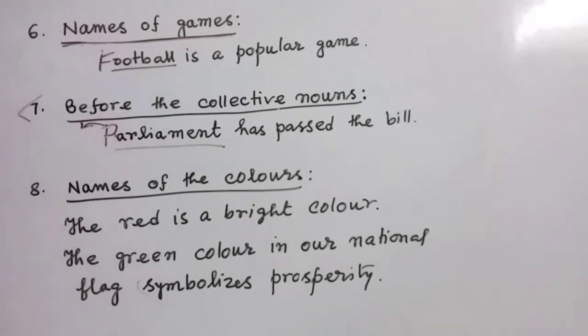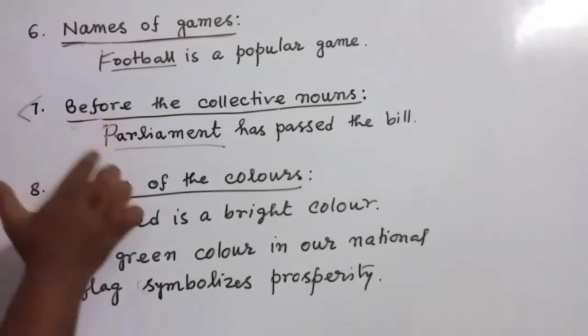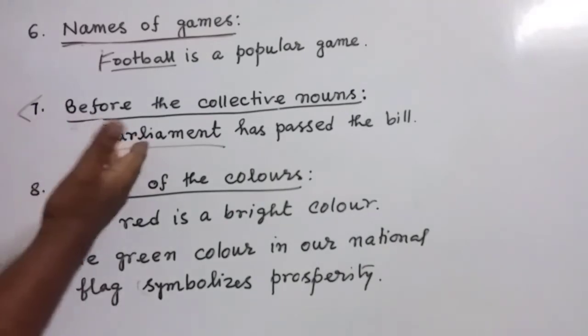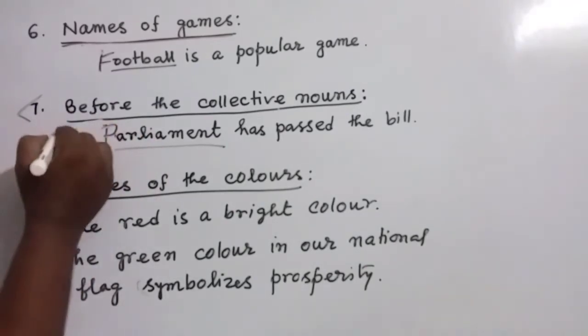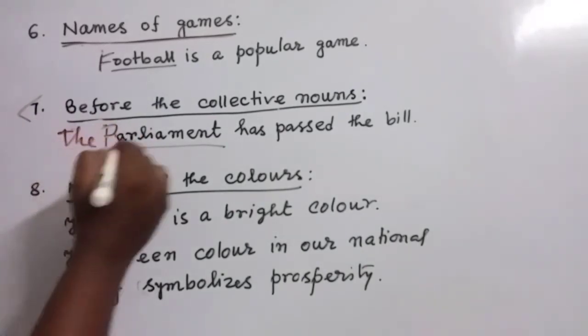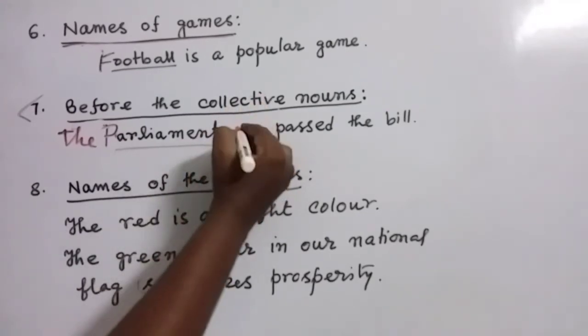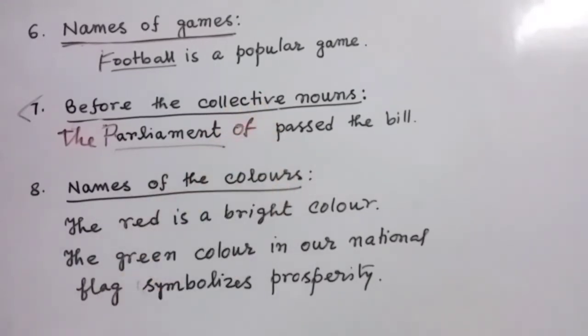So whenever it is used in general sense, at that time we cannot use any kind of article, but sometimes it is particularized. My dear friends, if we try to particularize this collective noun, we can write the parliament of America.